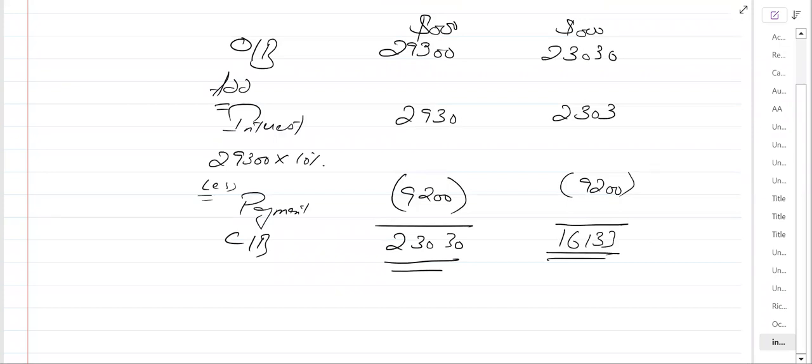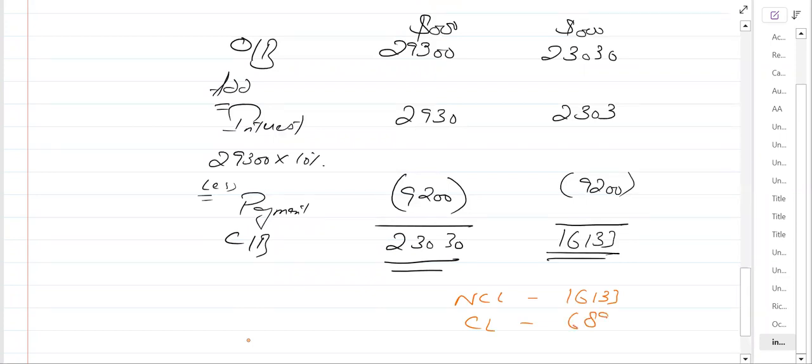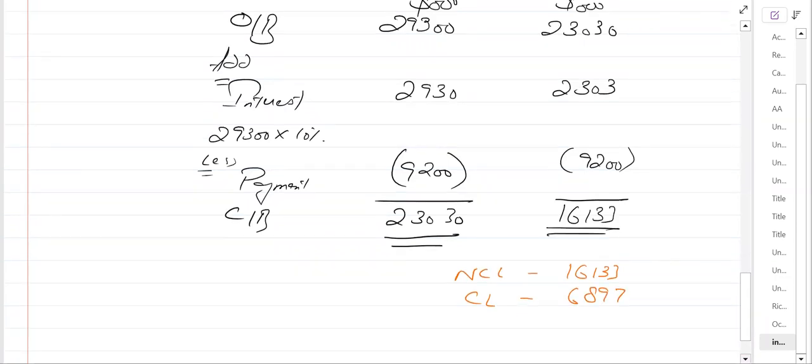This represents your non-current liability. And the difference of these two, 23,030 minus 16,133, represents your current liability, which is 6,897. And the finance cost of 2,930 goes to the profit or loss.